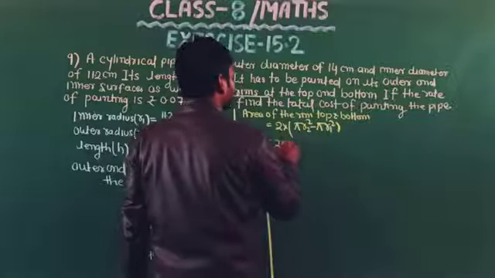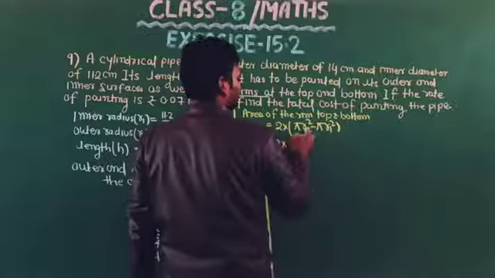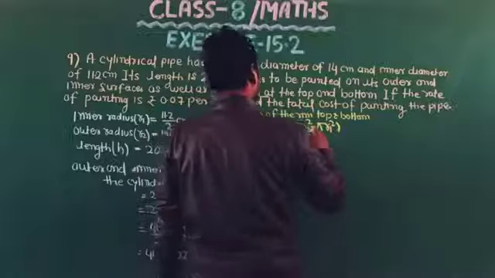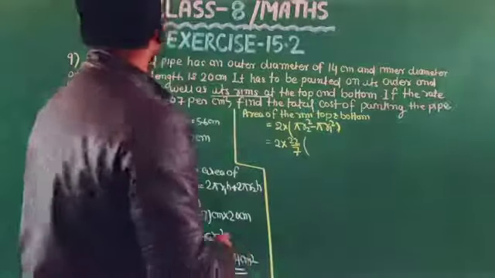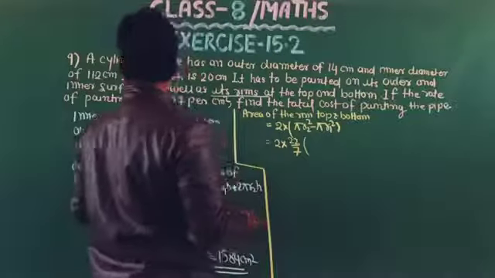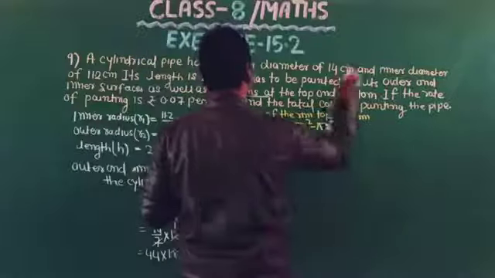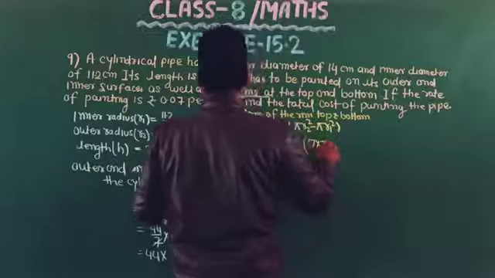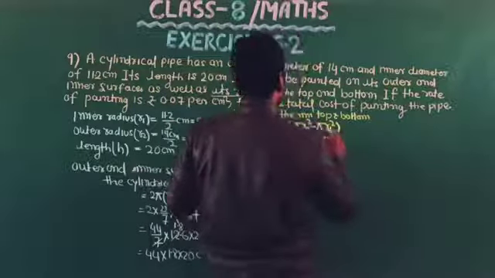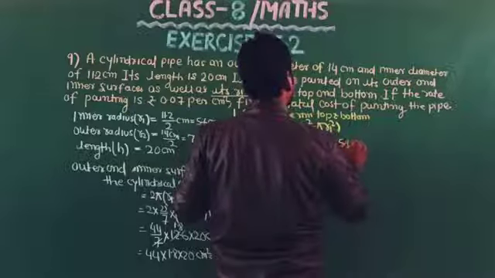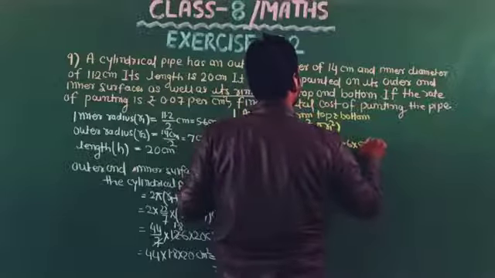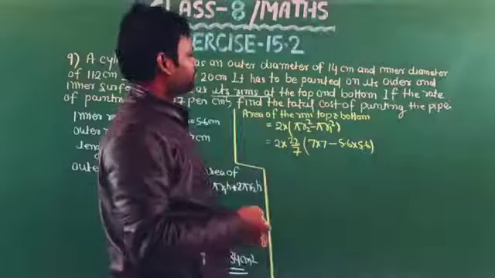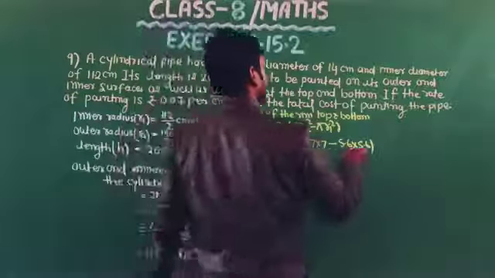So this is 2 into, pi is common. The value of pi is 22 by 7 and the value of R2 is 7, so 7 into 7, minus R1 is 5.6 into 5.6 centimeter square.